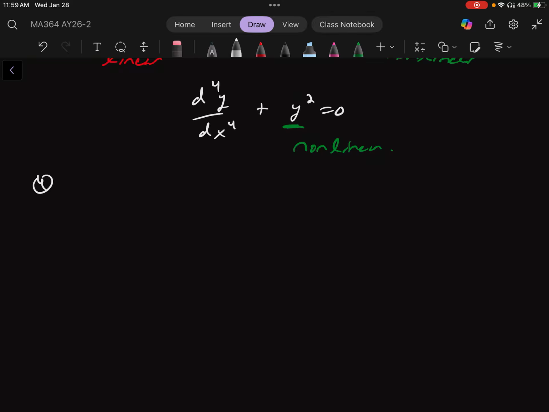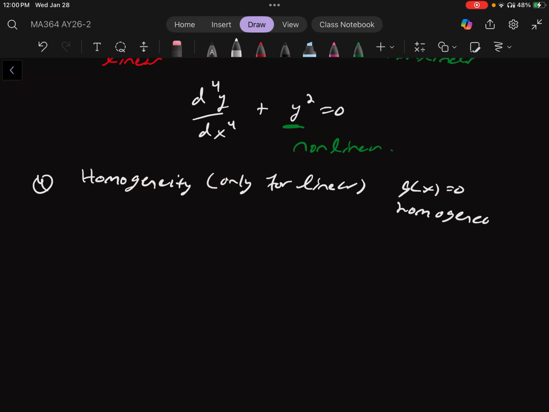And with linear ODEs, we can also classify this thing called homogeneity. Again, I'll mention this is only for the linear ones. Essentially, g equal to 0 in the above expression gives what we call homogeneous. I'll make that a little clearer.